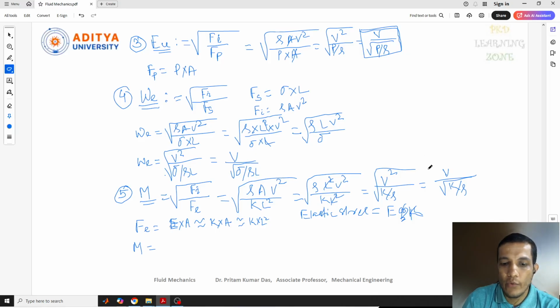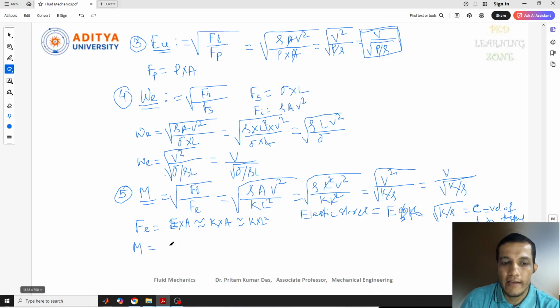Now this K by rho, root over of K by rho, actually we can write this is C. C is nothing but the velocity of sound in the fluid.